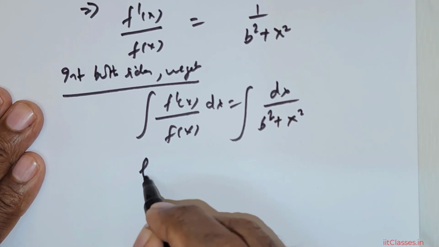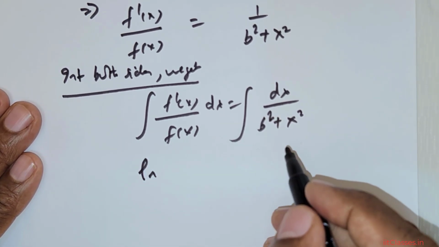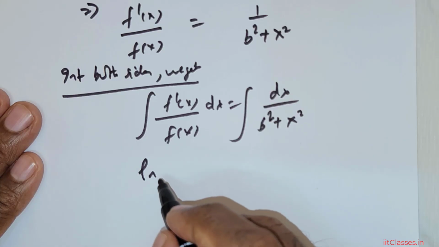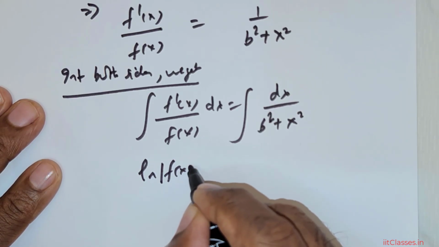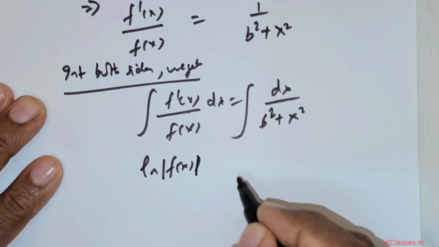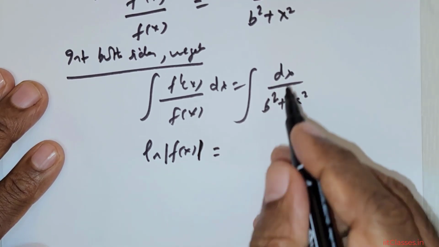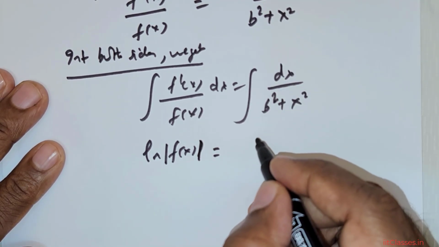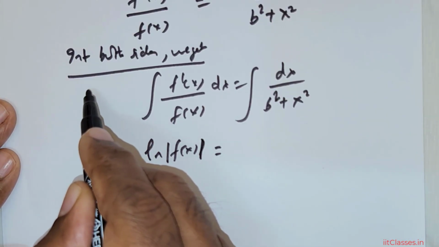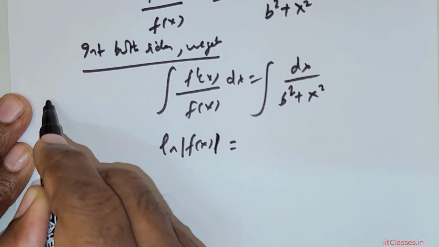Now what is this? This is nothing but our popular ln. So this is ln modulus of f of x is equal to, now what is this? This is nothing but our tan inverse function.